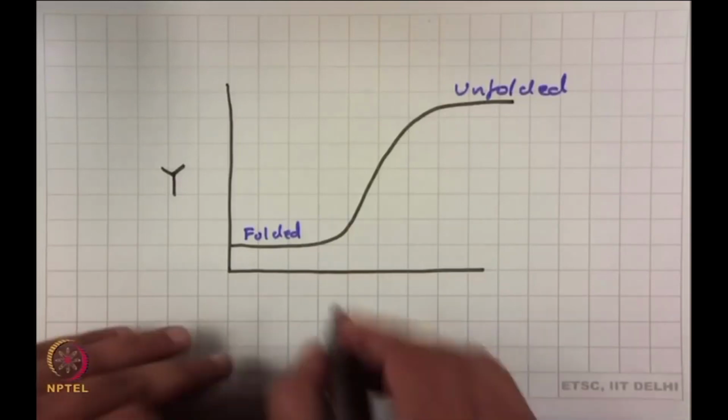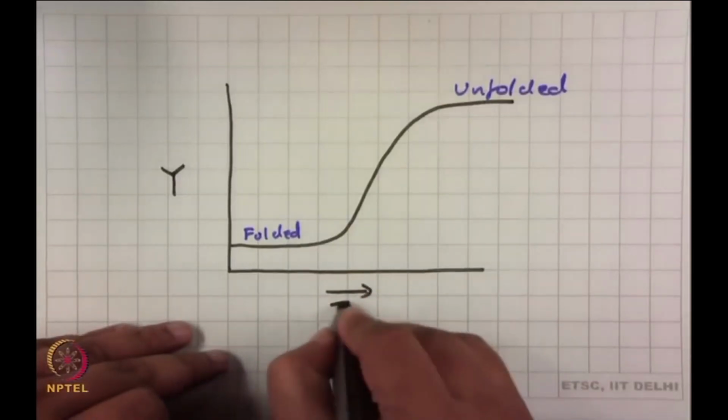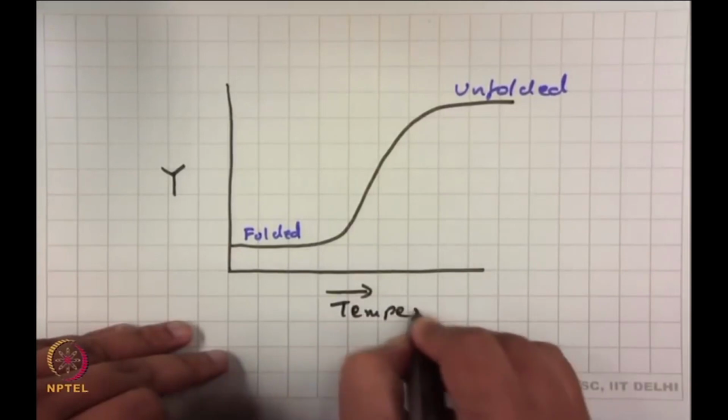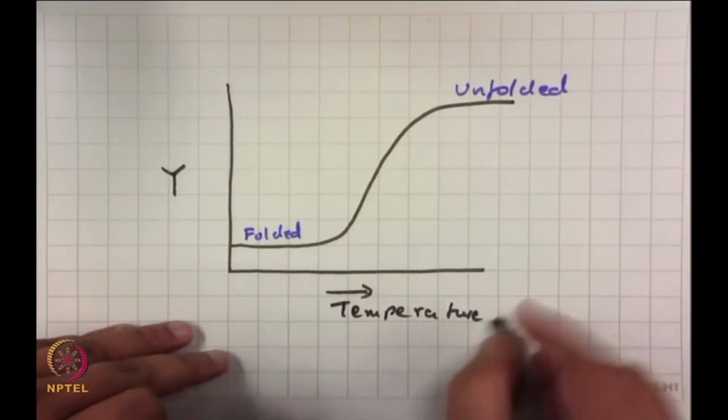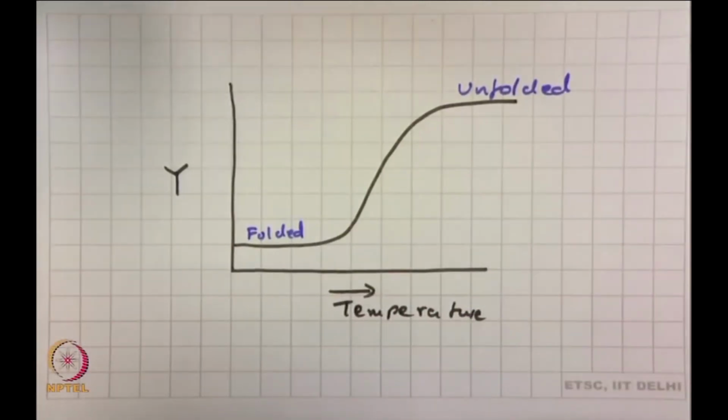On the x axis, what we have is temperature. That means we are doing a temperature induced denaturation, that is thermal denaturation. Now let us think about this.